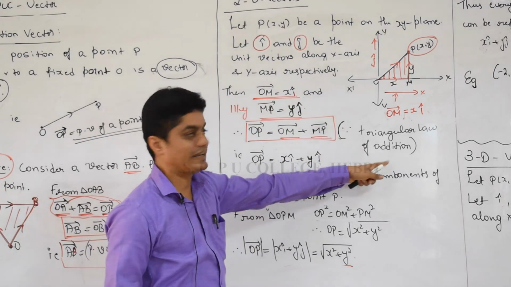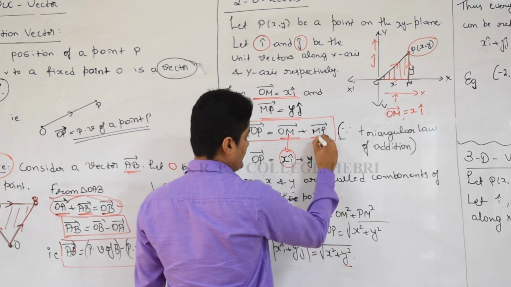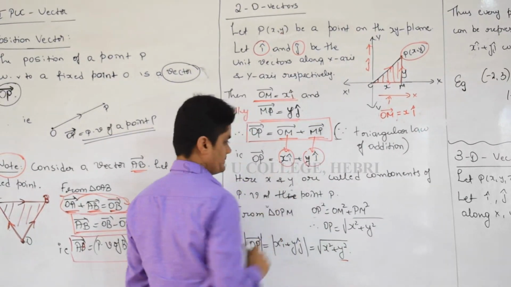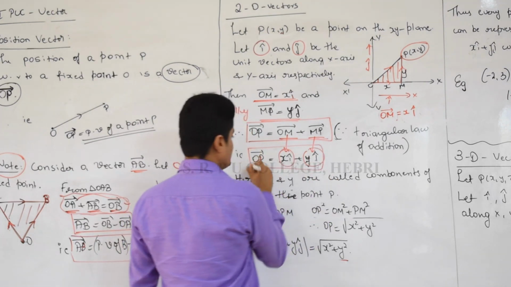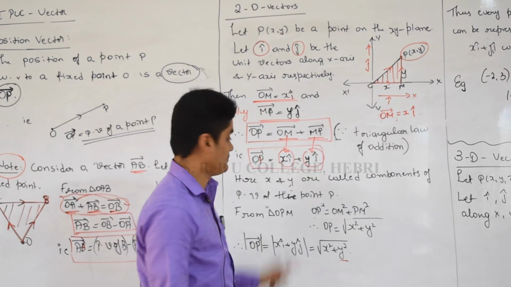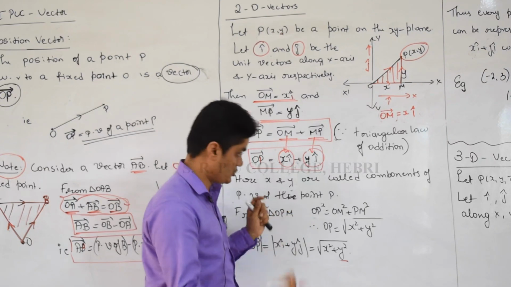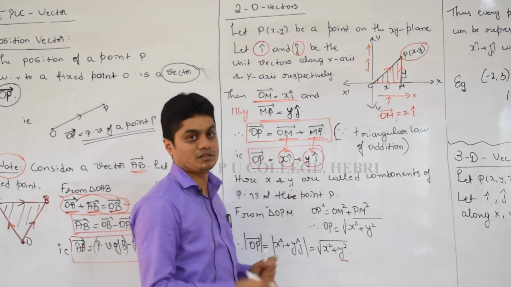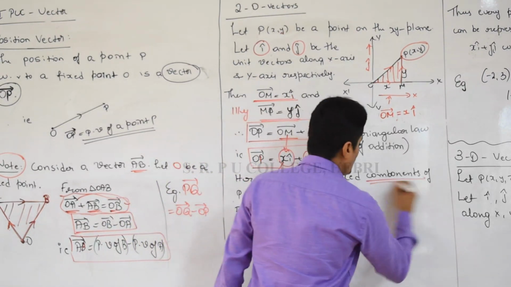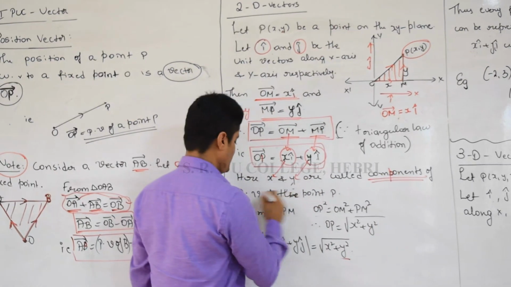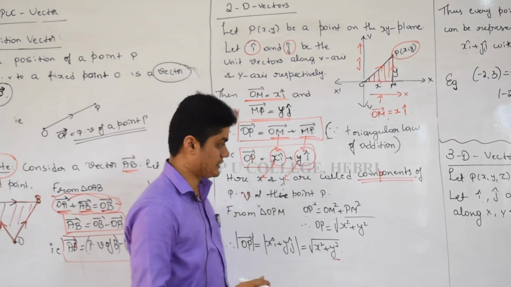This is using the triangular law of addition. You already know vector OM is nothing but x i cap, and vector MP is y j cap. So the position vector of the point P can be represented as x i cap plus y j cap. OP represents the position vector of the point P, or the position of P with respect to O, and it can be represented as the vector x i cap plus y j cap. Here x and y are called the components of the vector OP.